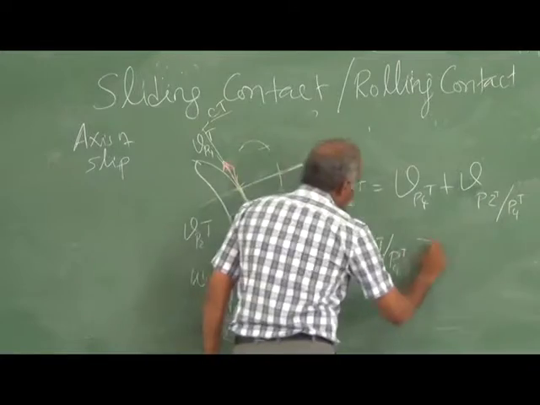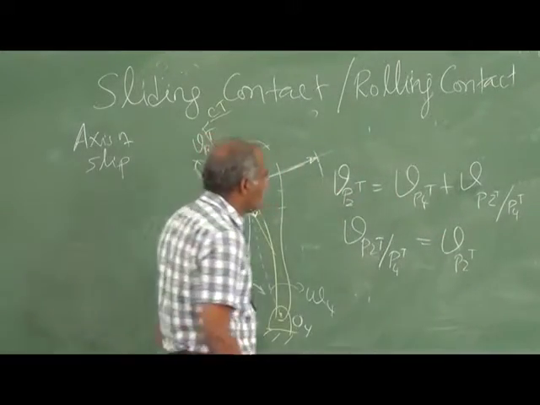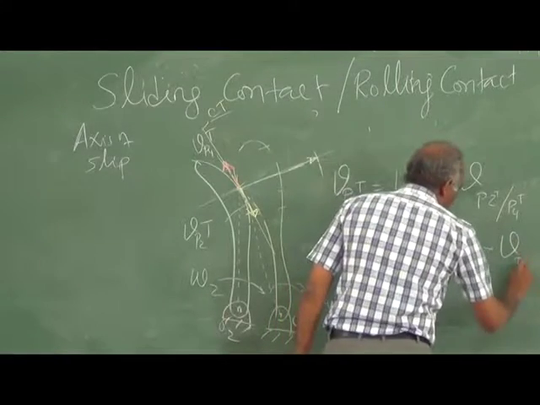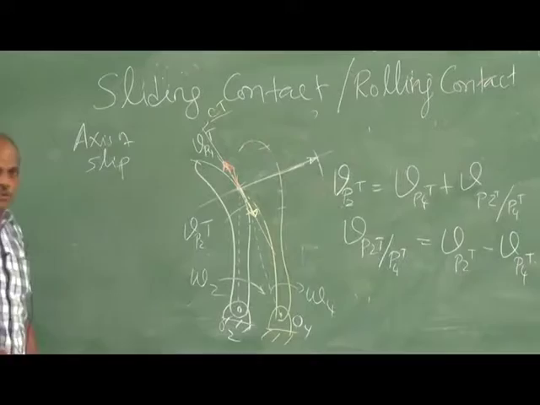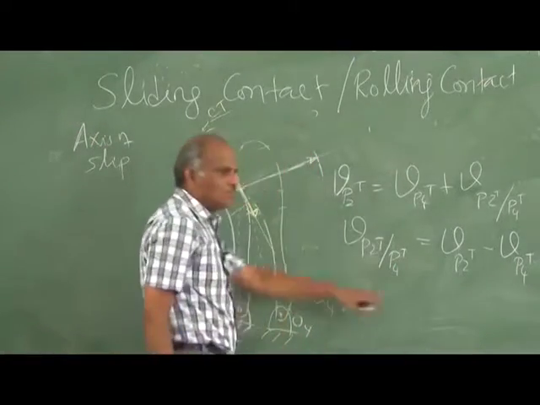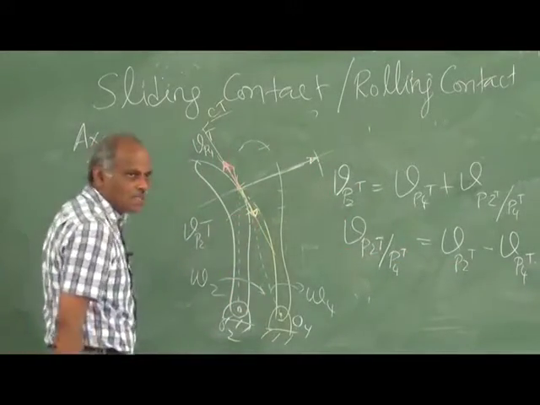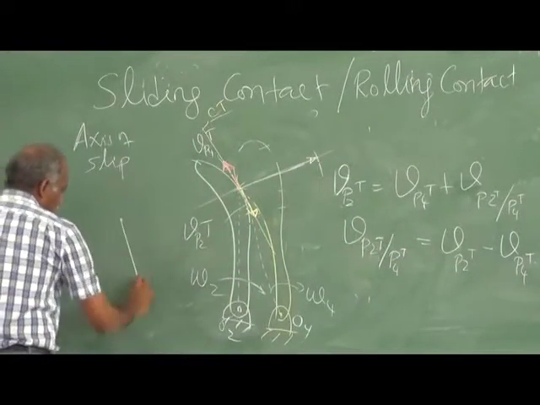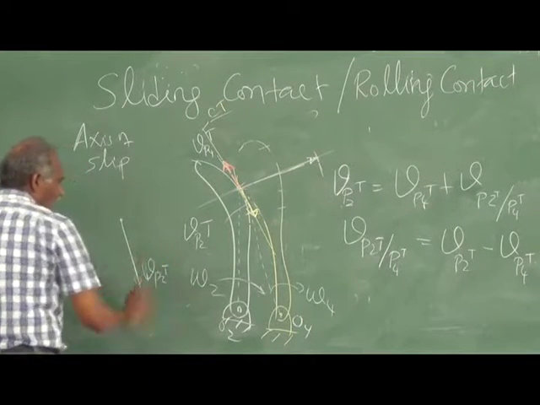So this is given by the velocity of P2 tangential component minus the velocity of P4 tangential component. This will give me the relative velocity. So if I draw the vector diagram, the velocity of P2 tangential component is this, that is downward. This is the velocity of P2 tangential component.